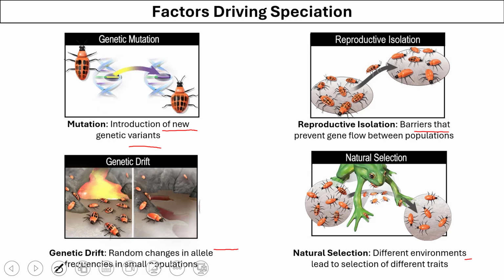That selection keeps on going and it leads to the accumulation of more and more different characters, and eventually the two clusters of population cannot breed with each other.